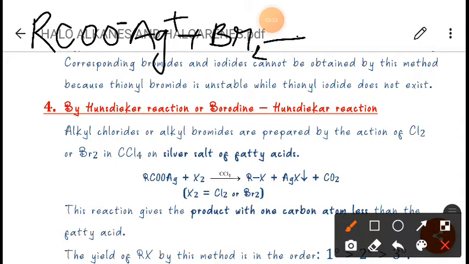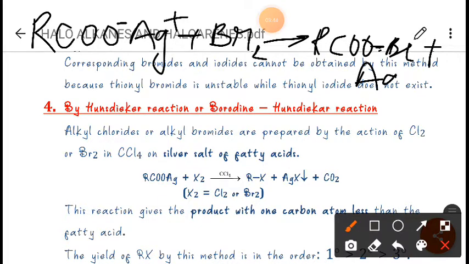The product will be RCOOBr plus AgBr. This one is suppose number 1 and this one is number 2.